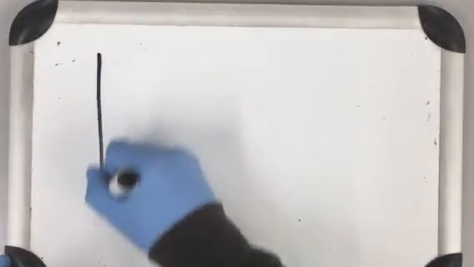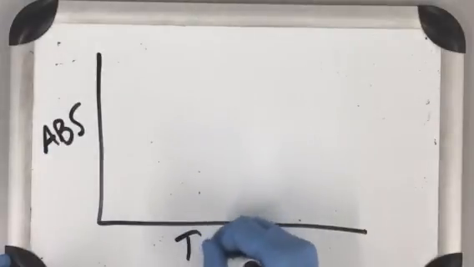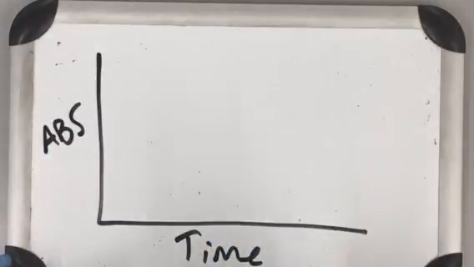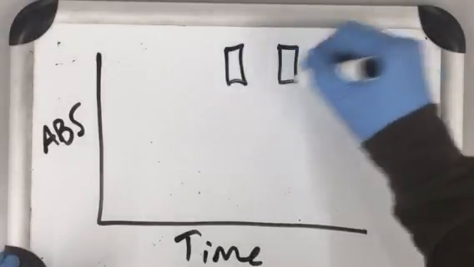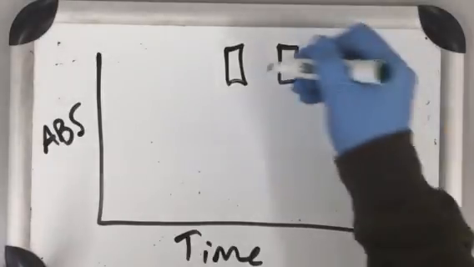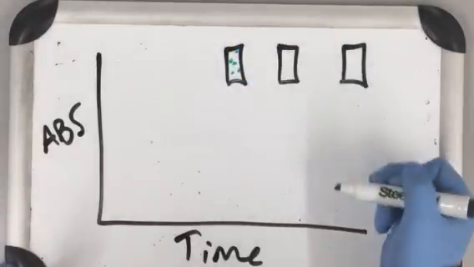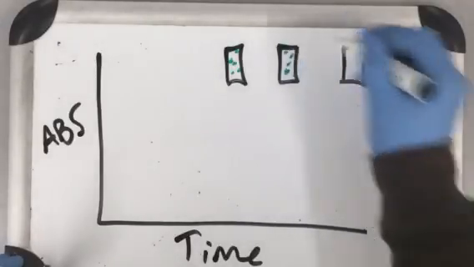So if we take a look at absorbance over time, in this lab you're going to be asked to have 3 cuvettes. One is going to have fresh chloroplasts in it. Another is going to have fresh chloroplasts too.